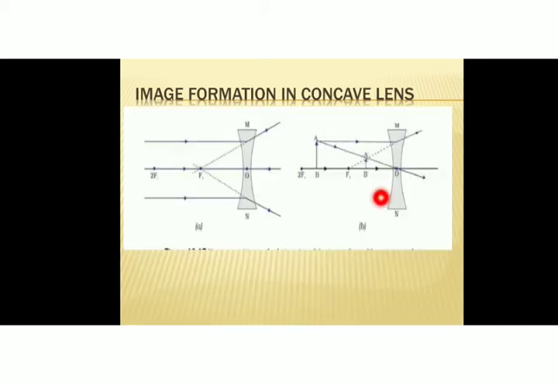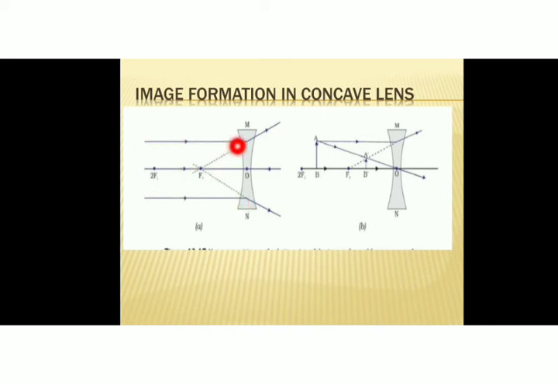Now next let's discuss the image formation in a concave lens. Only two positions are there in a concave lens. The first position is this, that is, object at infinity. When the object is at infinity, parallel rays are received by the lens, and these are two parallel rays.